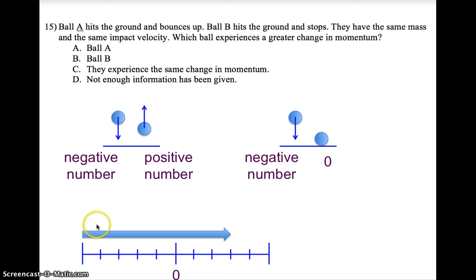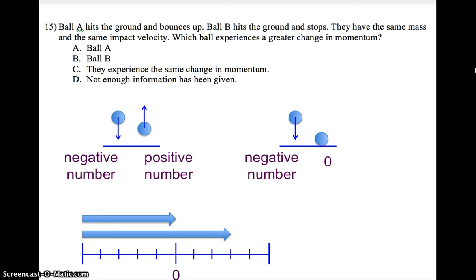Ball B starts at the exact same negative value, and only goes to 0. So ball A has a greater change in velocity and therefore a greater change in momentum. So the answer is ball A.